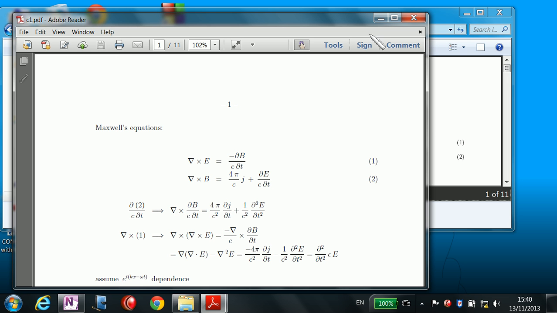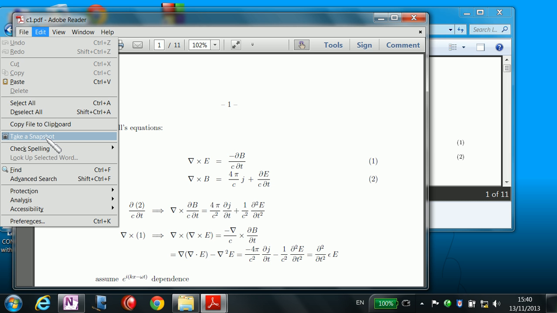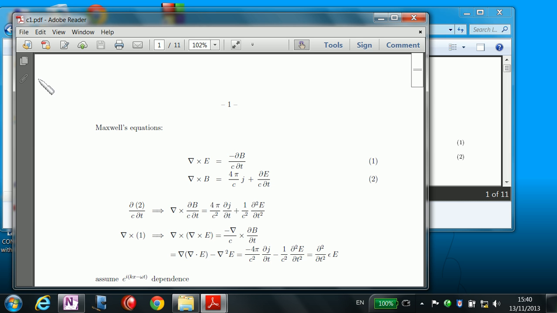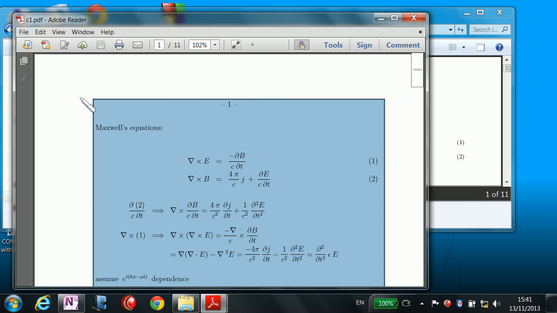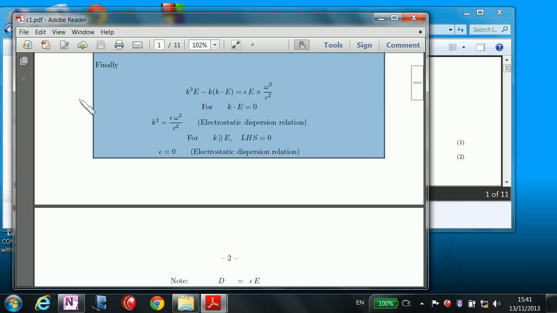Oh, so that's why it wasn't working. Alright, so now I want to take snapshot. Or right click, and then you can also call select all. So it's one page.